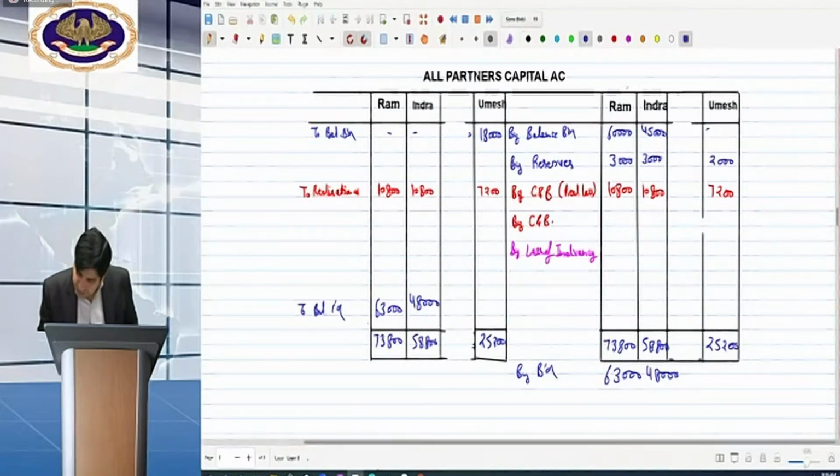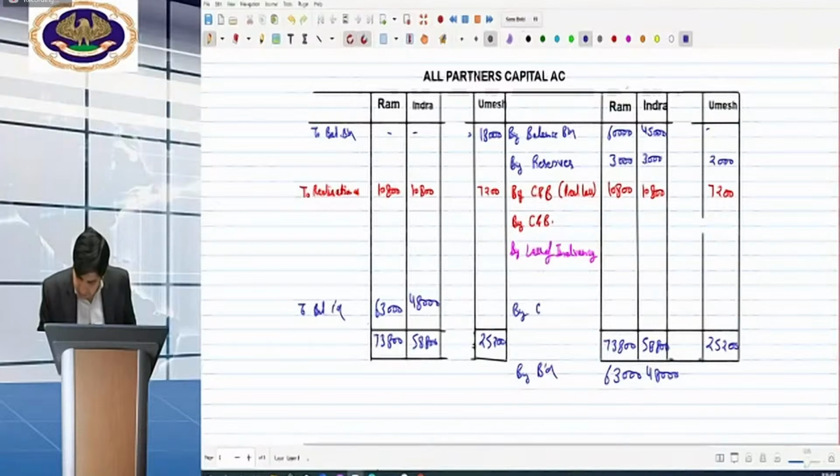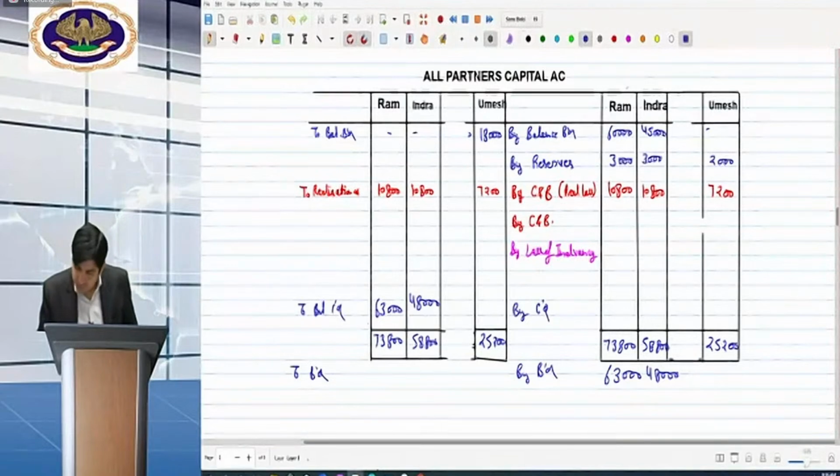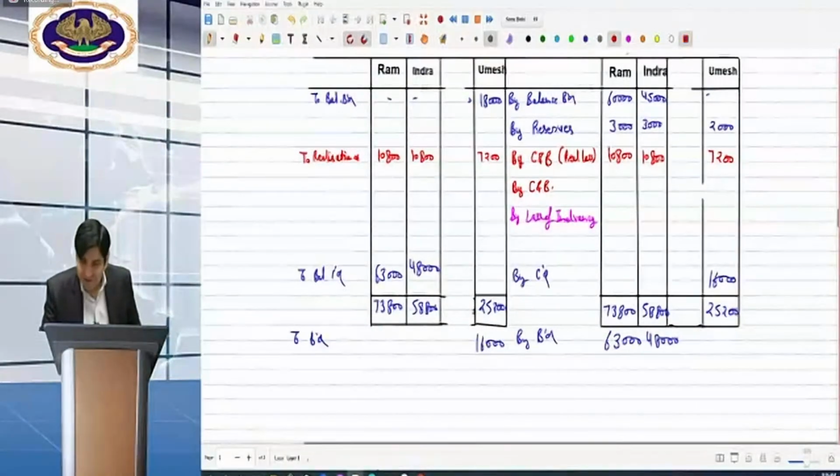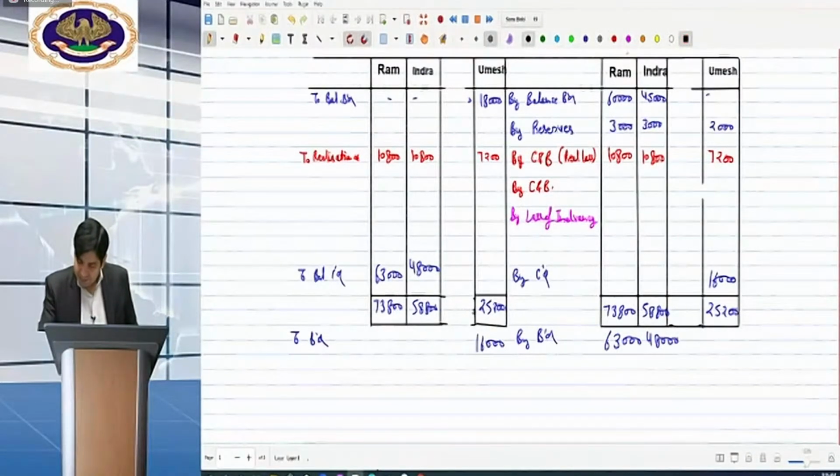If they are balanced, what balance they are having, debit or credit, about the solvent. 25,200 minus 7,200 minus 2,000, 16,000. Beta, Mr. Umesh is having a debit balance. I am writing here. Everything is done, very good. This is a debit balance.